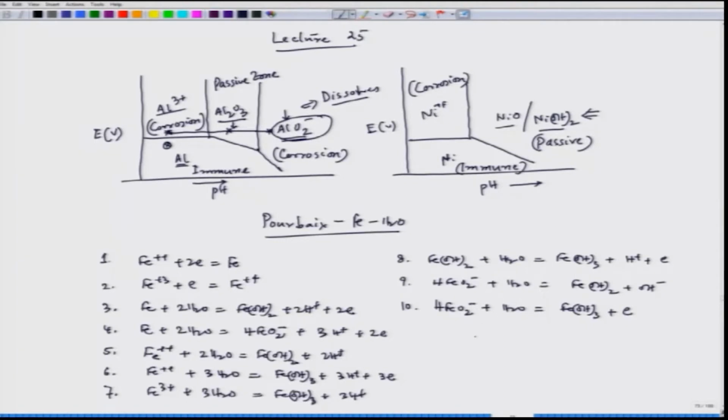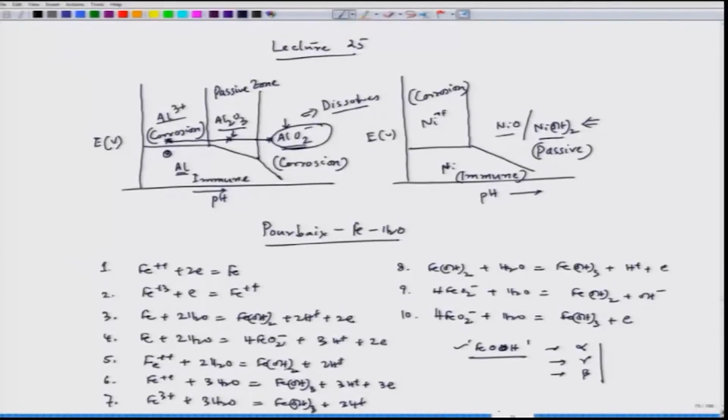For example, one important phase in case of iron system, this could be available in the form of alpha, in the form of gamma, in the form of beta. So, these three allotropes are possible for this particular phase, and these phases are important in the sense that they give different levels of passivity of iron surface.